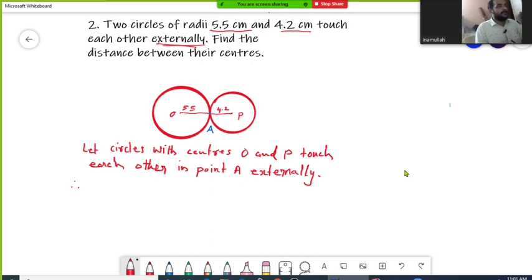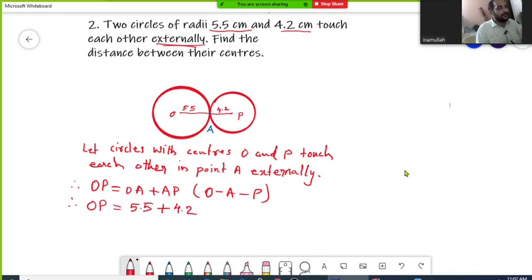So in that case, we can say that OP is the distance between their centers, which is equal to OA plus AP, where O, A, P are collinear. OP is equal to OA 5.5 centimeter, AP is 4.2 centimeter. So OP is 9.7 centimeter, and this is the distance between their centers.